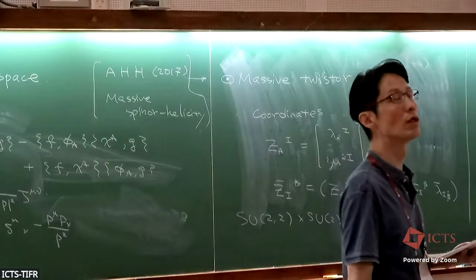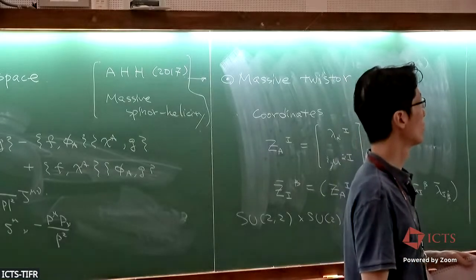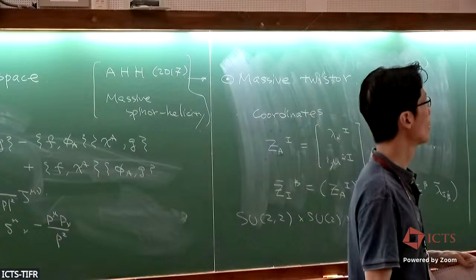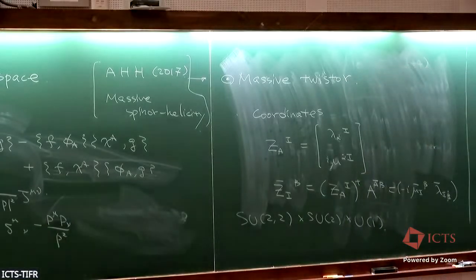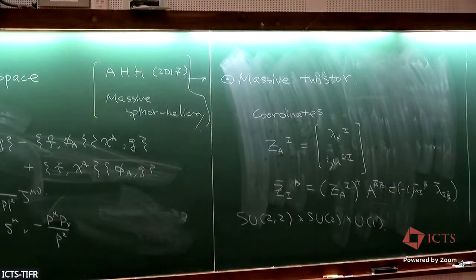You imposed the other gauge condition, P mu plus lambda nu equals 0. You don't break it. The Lorentz symmetry acts on the mu nu index. This AB index is a sort of fake Lorentz index. There is no real Lorentz symmetry acting on this index. Yeah, sorry for the confusion.